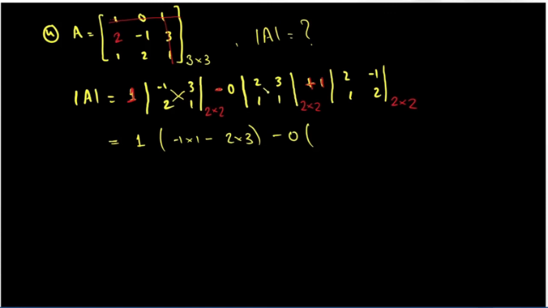Similarly, I will multiply these two elements, that is 2 into 1, and then 1 into 3, plus 1. Similarly, that will be equal to 2 into 2 minus 1 into minus 1.